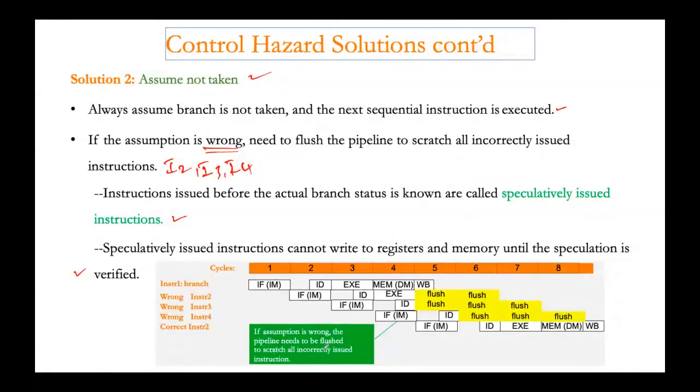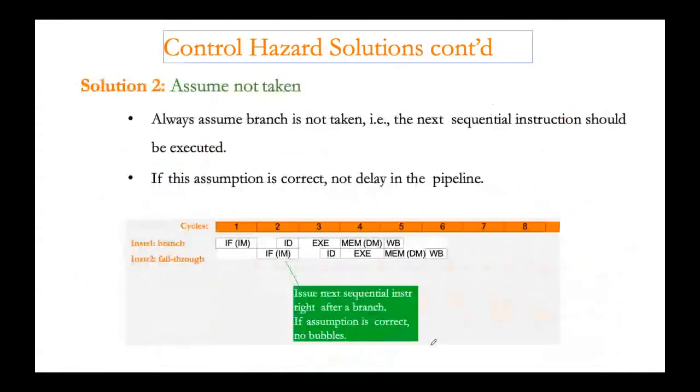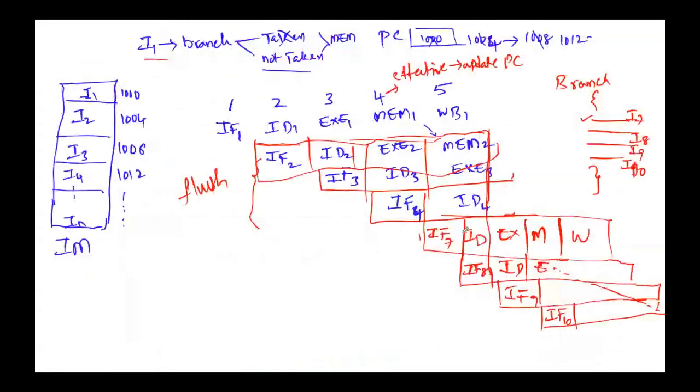If the assumption is wrong, the pipeline needs to flush and scratch all incorrectly issued instructions, and then it starts executing the next instructions, 7, 8, 9, and 10. As soon as these instructions are executed, the branch condition is computed again here.